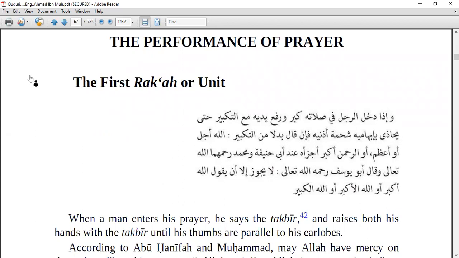And for this, they present a hadith of the Prophet ﷺ, "Sallu kama ra'aytumuni usalli." And they mention a principle, al-ibratu lil ma'ani la lil alfaz, that whenever the Prophet mentions something, its hukum is applied to both men and women.